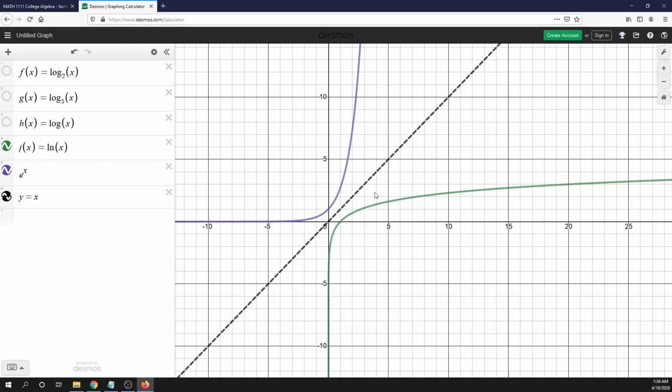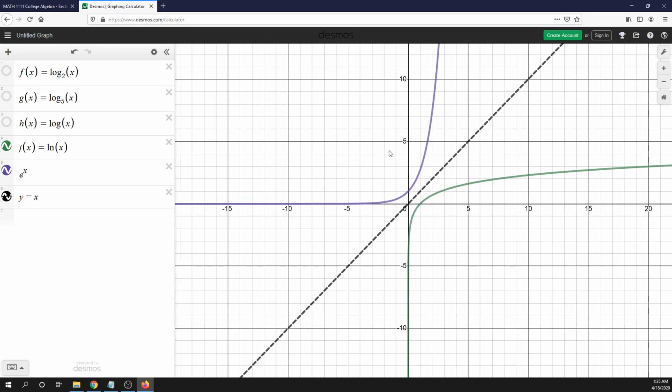If you remember back to when we talked about inverse functions and the relationship of a one-to-one function with its inverse function, it was that exact same relationship. And so the logarithmic function is the inverse of the exponential function and vice versa.